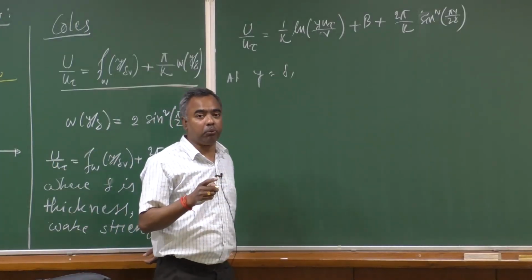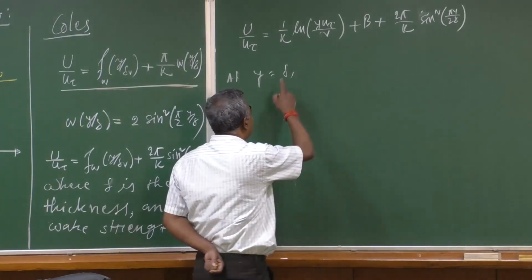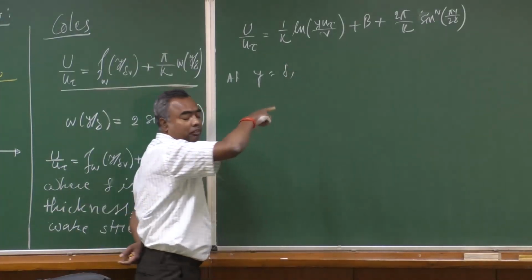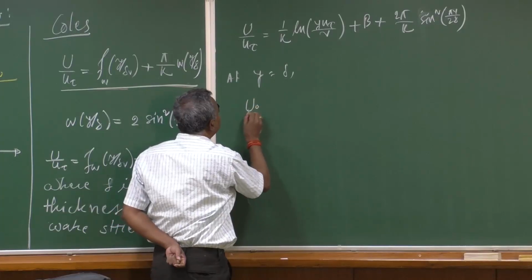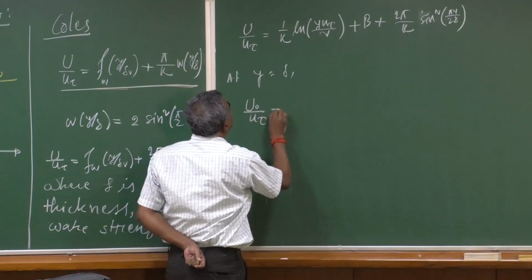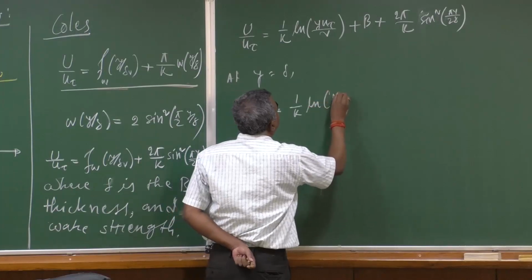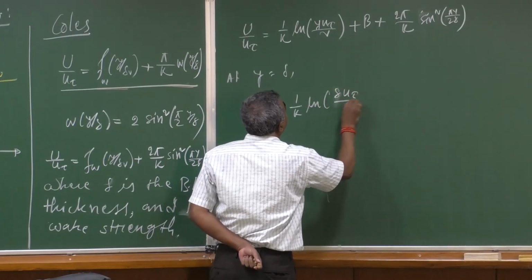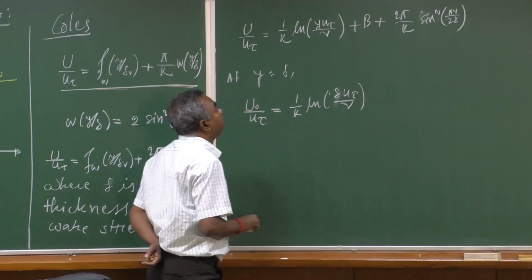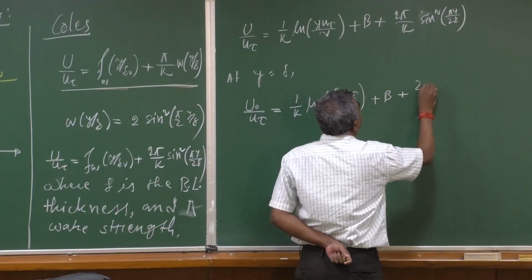Although at y equal to delta it should be 0.99 u infinity, we can consider just for approximation that at y equal to delta, this u can be replaced with u naught, and this is then u tau, and this can be written as 1 by kappa ln delta u tau by nu, plus b, plus this.